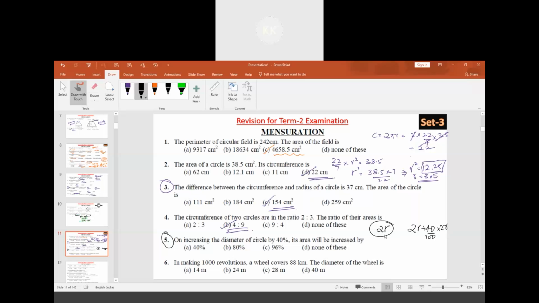If 2r is the diameter, area is pi r square. Now if this is the diameter, what will be the area?